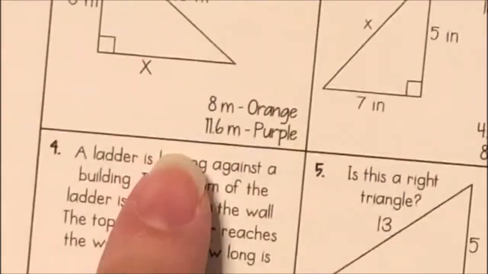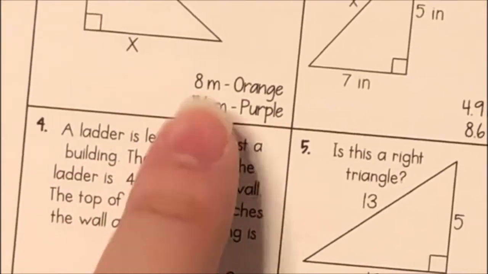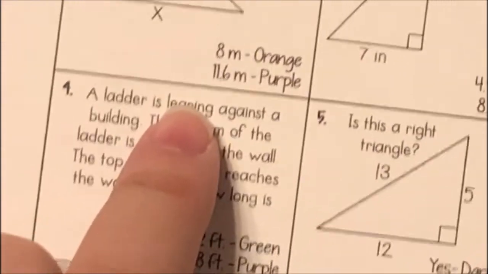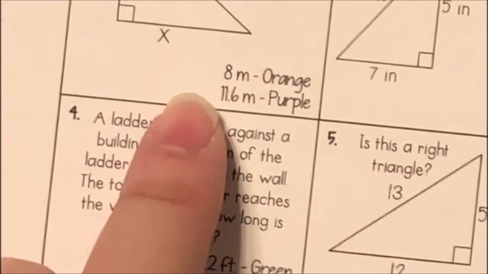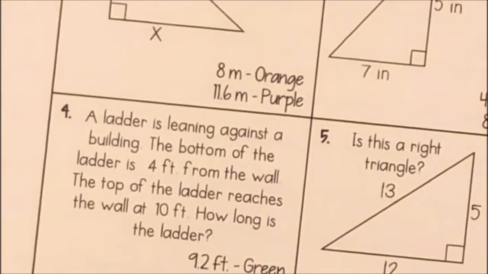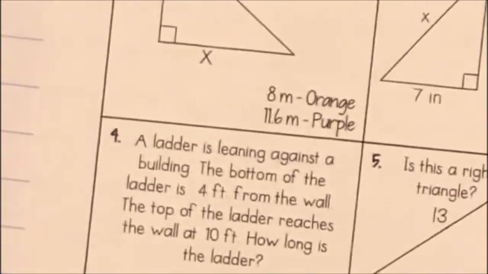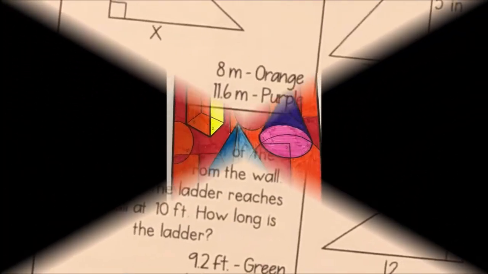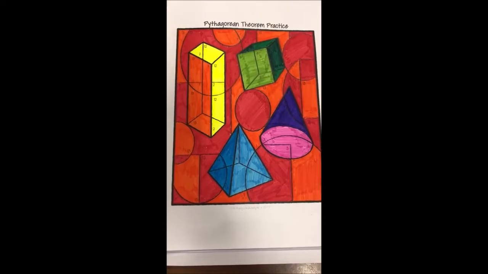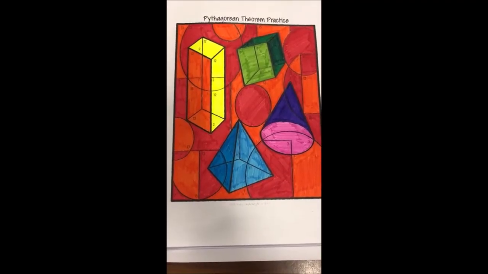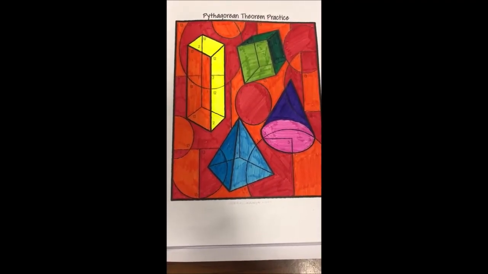So you will get one of these 2 answers. If you didn't get one of these answers, then you did something wrong. So make sure you double check, go back through, and show all of your work. You're probably going to need a separate piece of paper for it. This is what your Pythagorean practice page should look like after you are done coloring it.